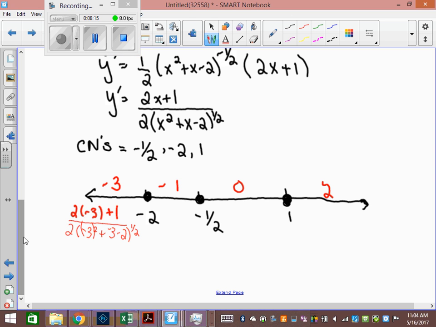On the top, I'm going to get negative 6 plus 1, which is negative 5. On the bottom, I'm going to get 2 times 9 minus 5, which is 4. What's 4 to the 1/2? 2, because what does to the 1/2 mean? Square root. So 2. And what are we going to get? Negative 5/4.